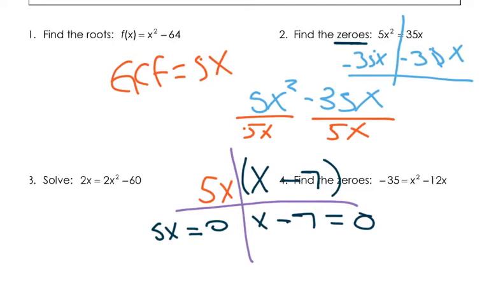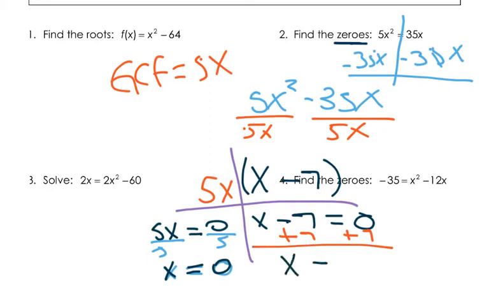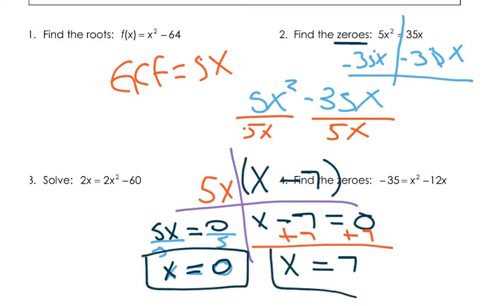On the left, I would divide by 5, and x would just be equal to 0 in this case. And here, inverse operation, I would add 7 and say x is equal to 7. So my two roots are x is 0 and x is 7.